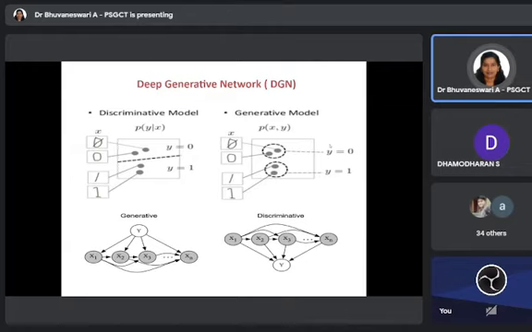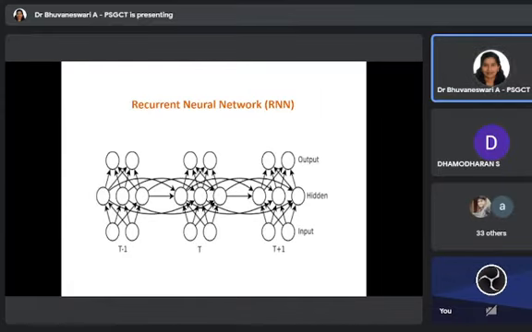And then comes the recurrent neural network. As we saw earlier, recurrent neural networks are more complex networks. However, it generates more natural, precise output. So there are different types of RNN models, which we are not going to discuss here.